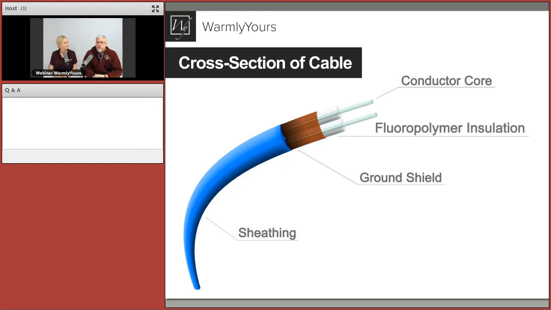So it's very, very slippery. It's also very resilient, and it will not get damaged as easily as other types. And not to toot our own horn, but we do that all day long. This is a more expensive and higher quality cable, and not everybody out there takes the time and invests more dollars into the product.